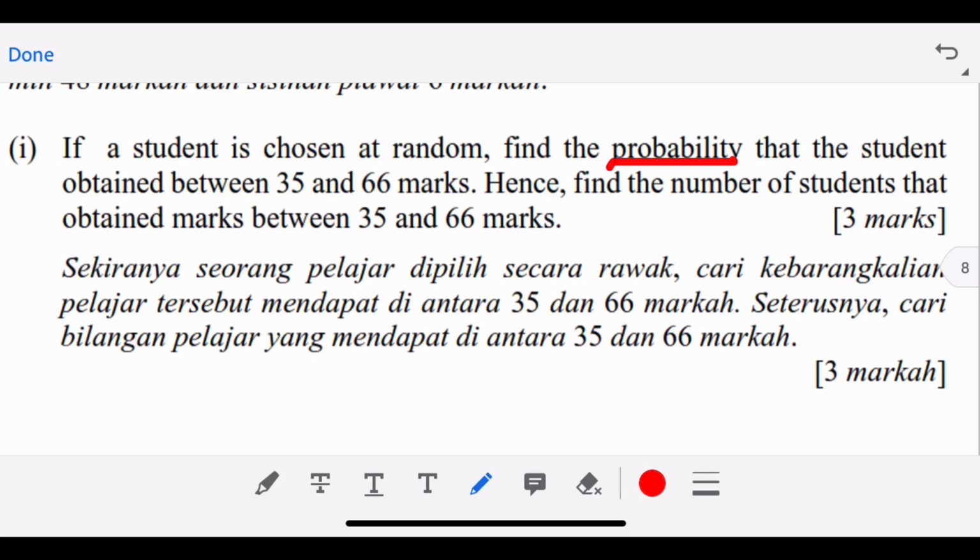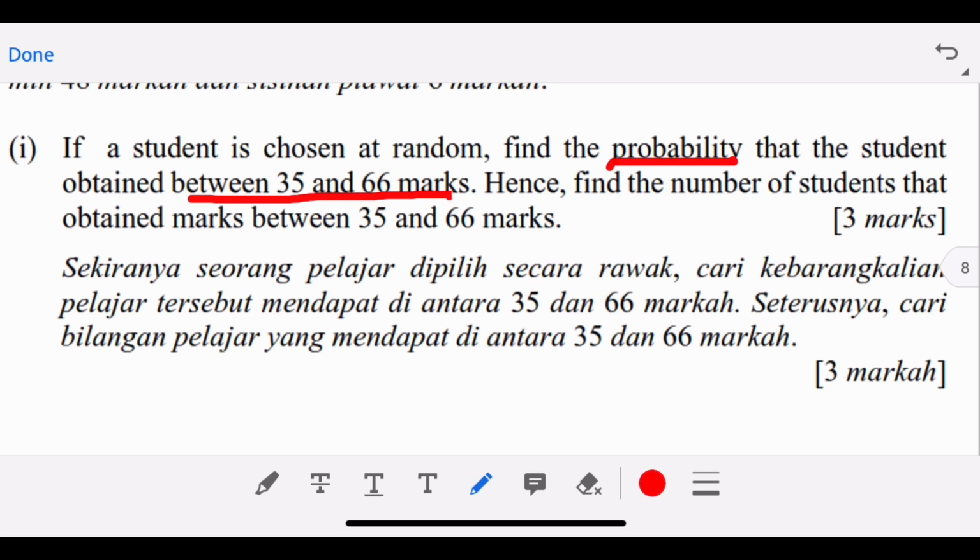So the question is asking for big P, probability between. So when you see between 35 and 66, how you write between is always continuously. You must start from the smaller 35, then 66, then you put the inequality sign, right? Okay, later we will write down.